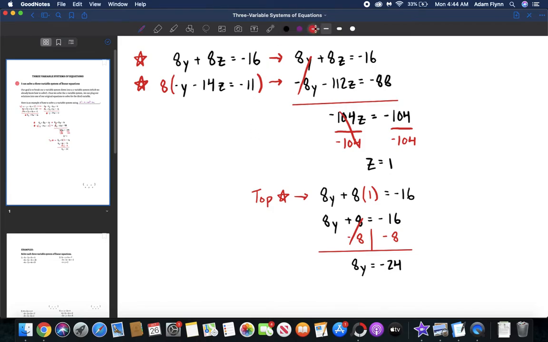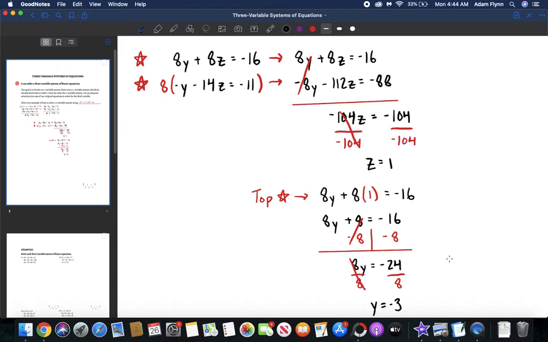To isolate that y, I'll divide both sides by 8. Eights cancel on the left side. So I end up with y equals negative 24 divided by 8, which is negative 3.